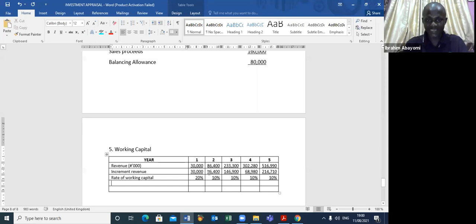Because all these are already incremental revenue, the working capital that will come out is already the incremental working capital.